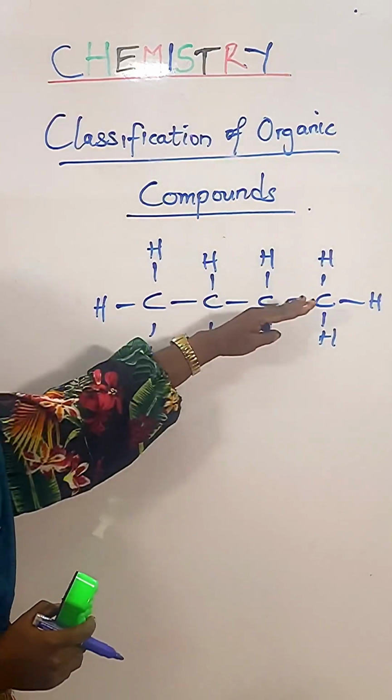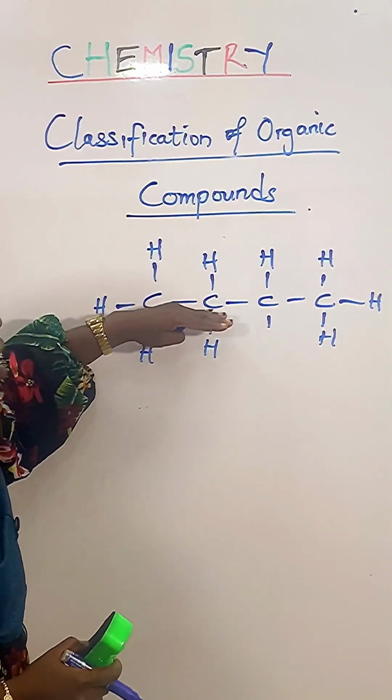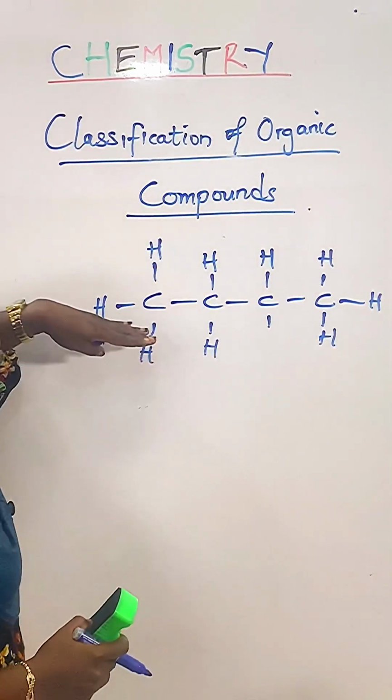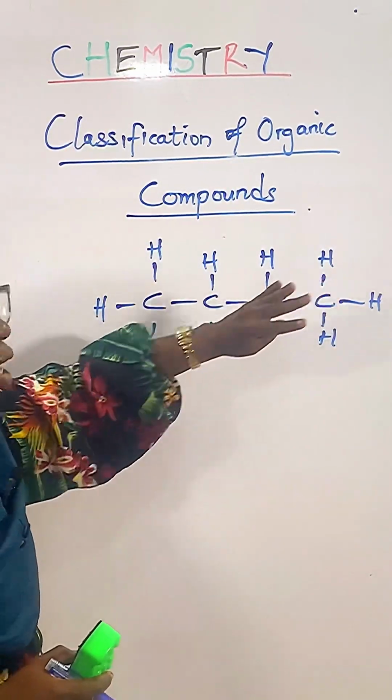When you look at this, you can see that the carbons are arranged in a way that they are straight. And that is why we call it a straight chain carbon.